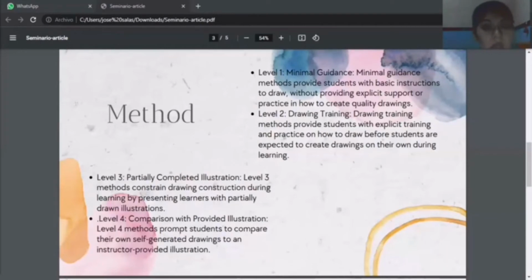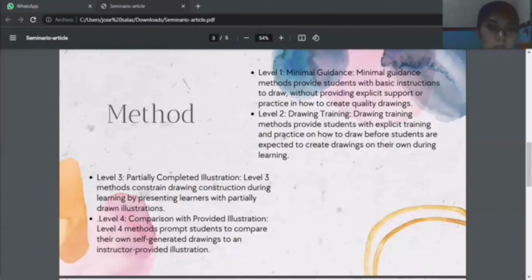As a result, students are not expected to generate visuals on their own, but create drawings that integrate provided visuals. So basically, they're not going to create their own drawings. They're just going to incorporate them. Then for level 4, there is comparison with provided illustration.